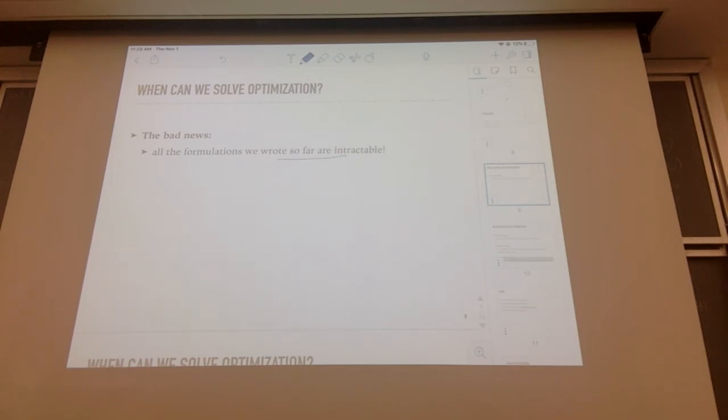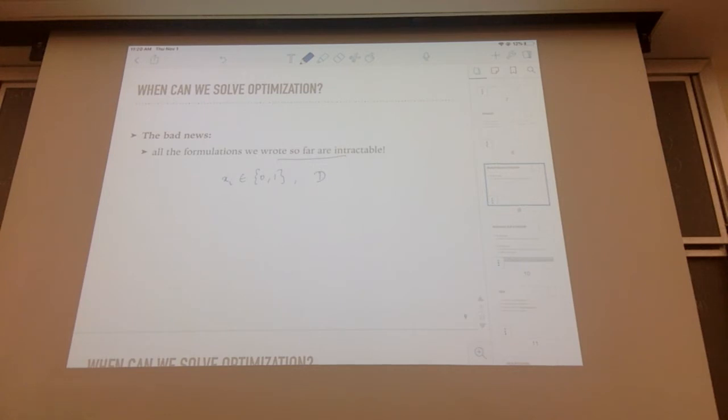The way we wrote down the formulations was by saying that these xi's were supposed to belong to either 0, 1, or to some discrete domain D. It turns out that if you want to do optimization under such restrictions, we have no general methods for doing this.